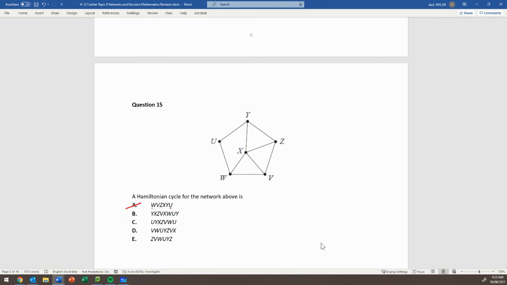I'm going to eliminate B because it visits X twice. Could possibly be C. I'm going to eliminate D. It starts and finishes at different vertices. I'm also going to eliminate E because it doesn't have X in it. So just by trial and error or process of elimination, that one has to be C. And you can test it. U, Y, X, Z, V, W, U.